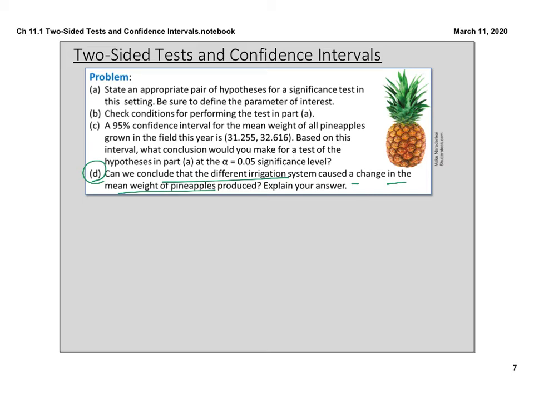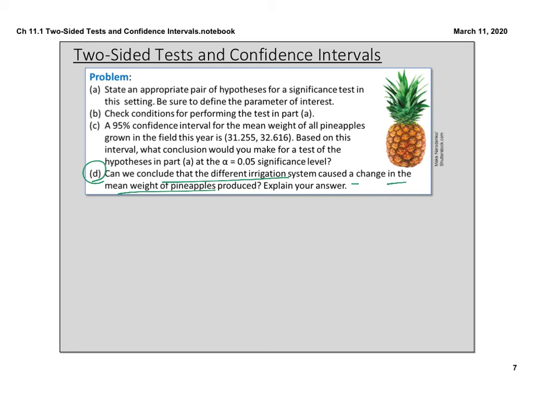We did not test the current irrigation system against the new irrigation system. So while we can say, yeah, the mean value is different, in this case, we think the mean value is higher. The 95% confidence interval is above the previous mean. So we can confidently say that the true mean is different, but remember that correlation does not mean causation.